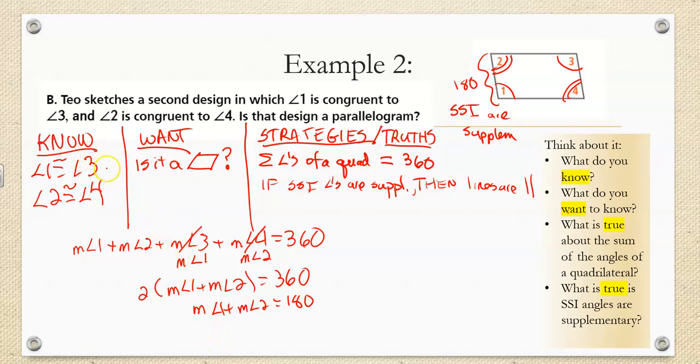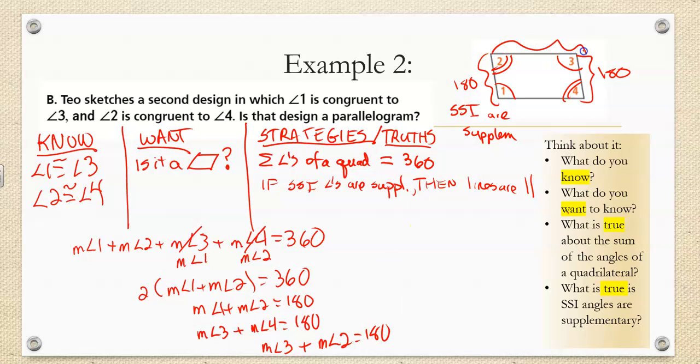Now, what I know, 1 is the same as 3, so the measure angle 3, plus 2 is the same as 4, measure angle 4, is also 180. And I just substituted those in. So these are 180. Well, and if 2 is the same as 4, I could say measure angle 3 plus the measure angle 2, right, is 180.